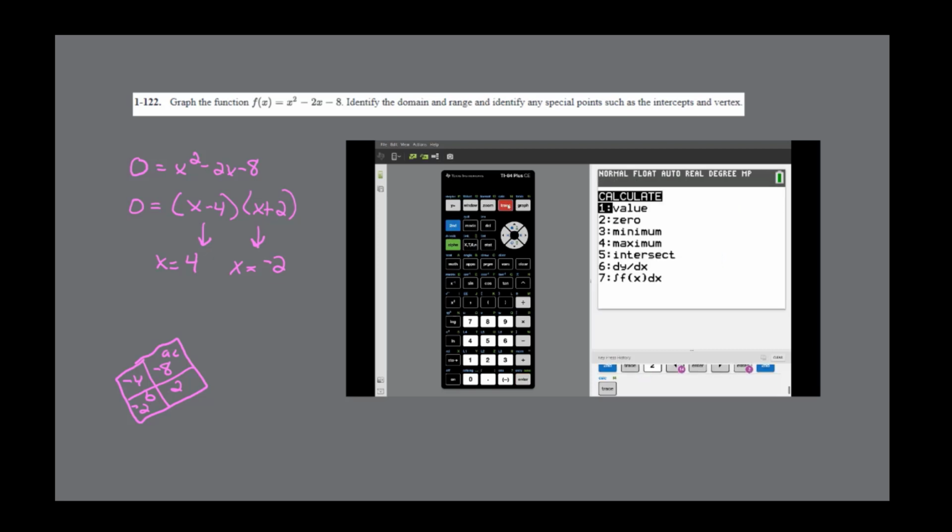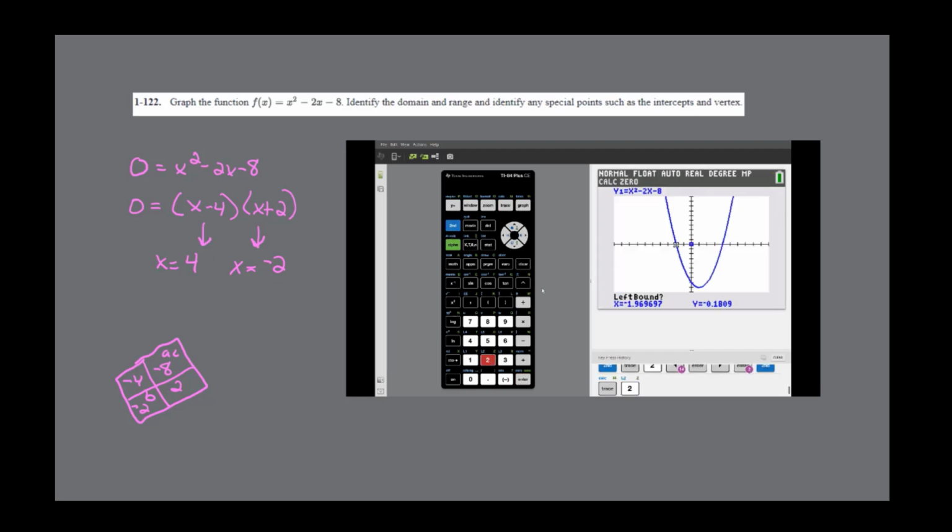So second trace again. I'm going to hit 2, and I'm going to take the cursor to the right side. Now remember, when it says to the left, it's thinking from negative infinity to positive infinity. So you're going to start below the x-axis here. And that's still at the left bound. I'm going to hit enter.